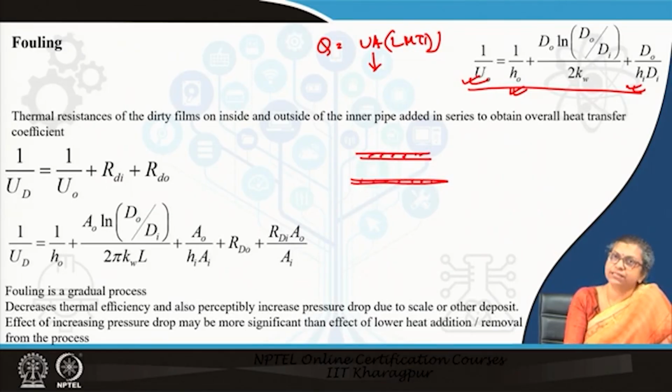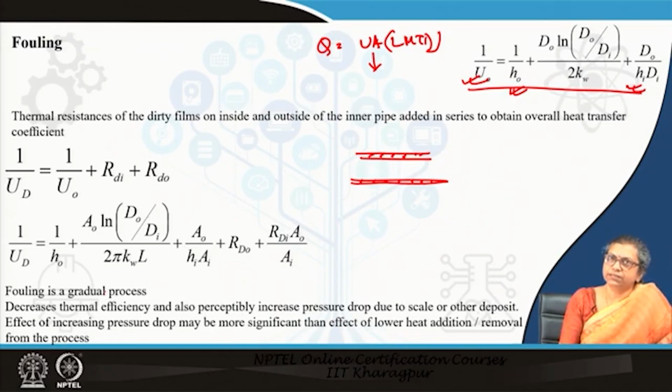So whatever heat transfer was happening in the new condition does not happen; there is decreased heat transfer. Therefore, the heated fluid will not be heated to the extent that you want, or the cooled fluid will not be cooled to the extent that you want.